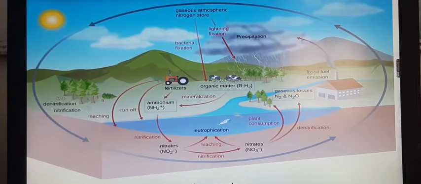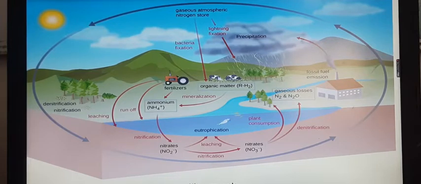Now the nitrogen cycle. Atmospheric nitrogen is made available to the soil by bacterial fixation and by lightning fixation, when it comes along with the precipitation. Then this nitrogen is used by plants, and plants are eaten by animals.